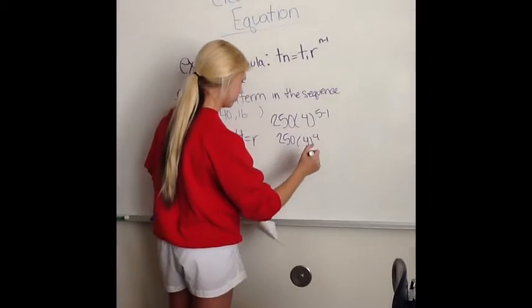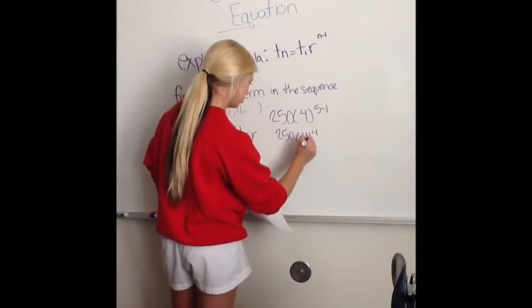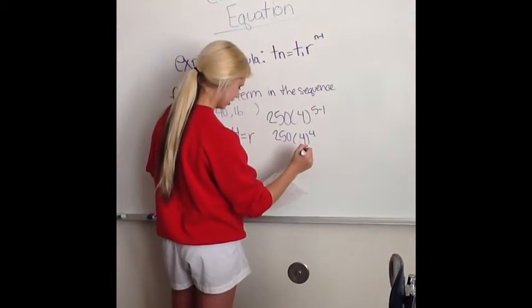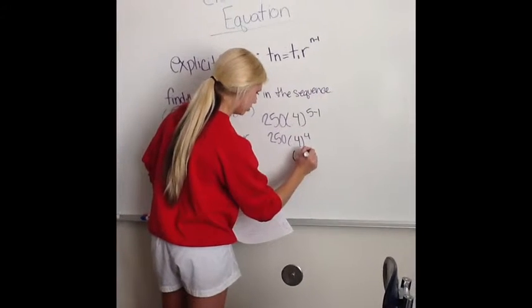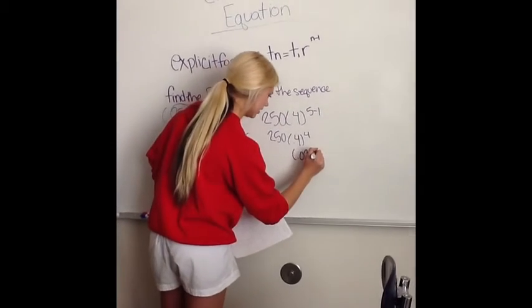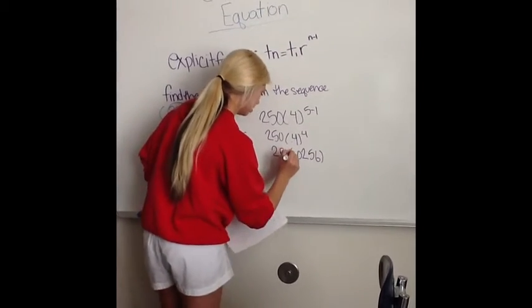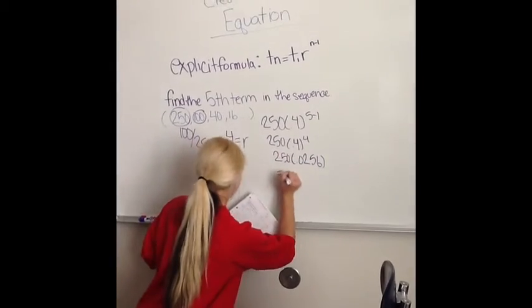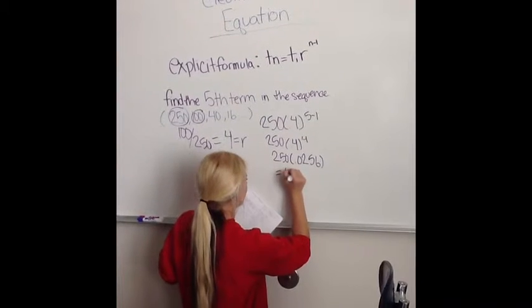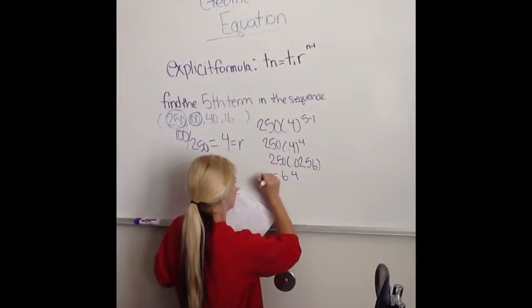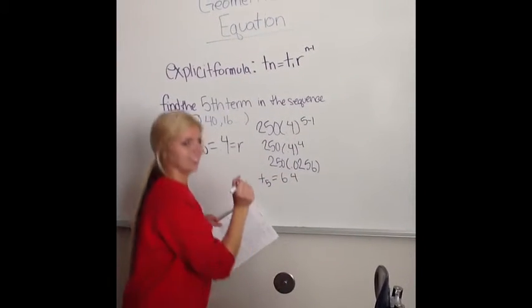And then the 0.4 to the 4th is 0.0256 times 250, which would equal 6.4, which is the fifth term in the sequence.